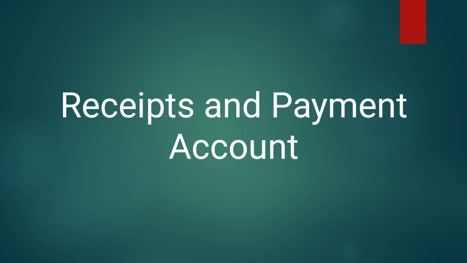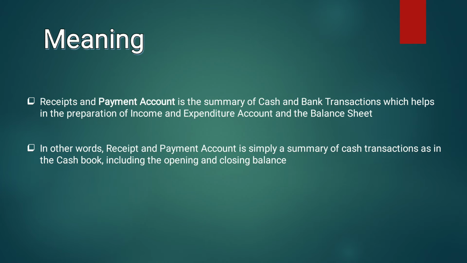Now we will see the meaning. So receipts and payments account is a summary of cash and bank transactions which helps in the preparation of income and expenditure account and also the balance sheet. So we saw, right, receipts and payments account is nothing but a summary of all cash transactions and bank transactions also.